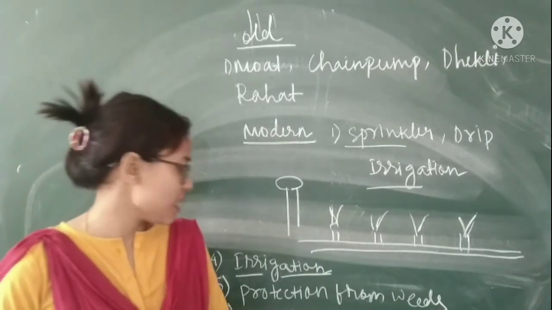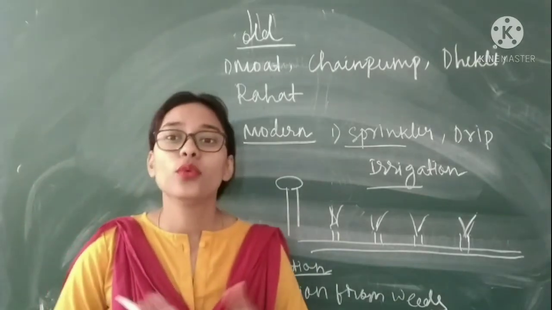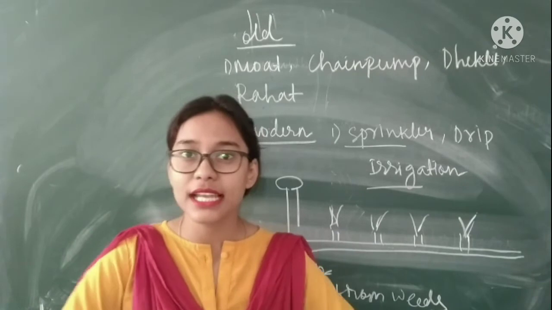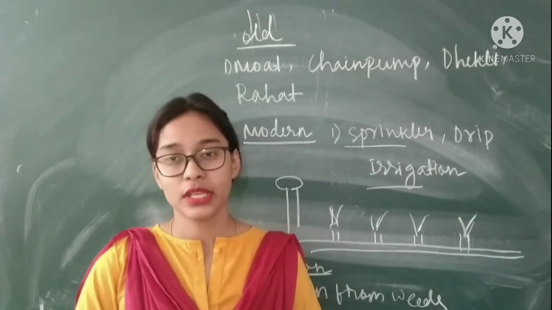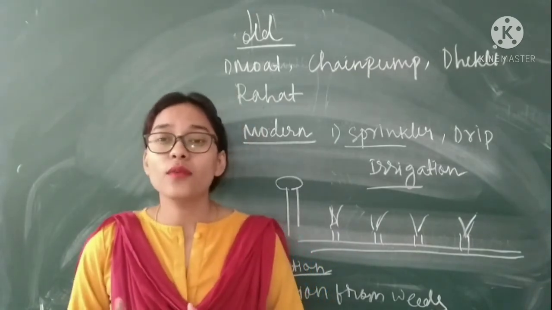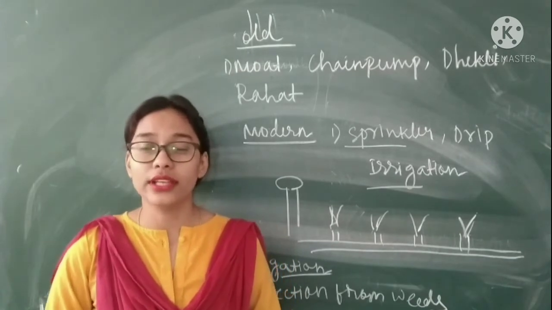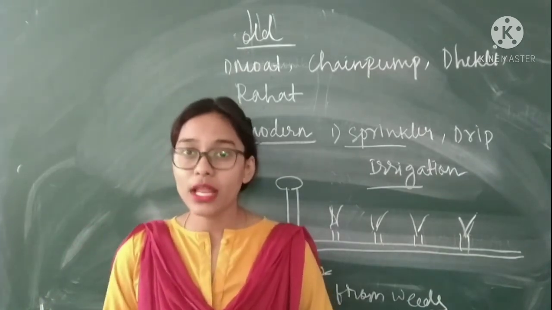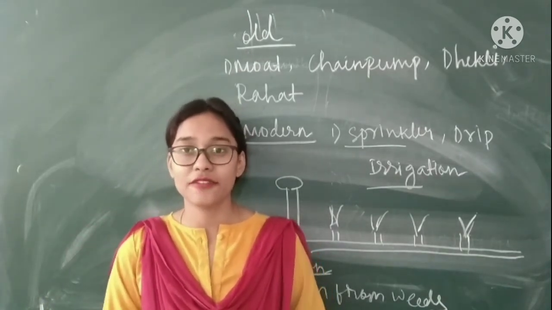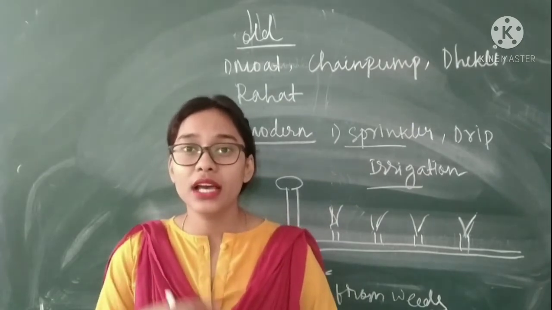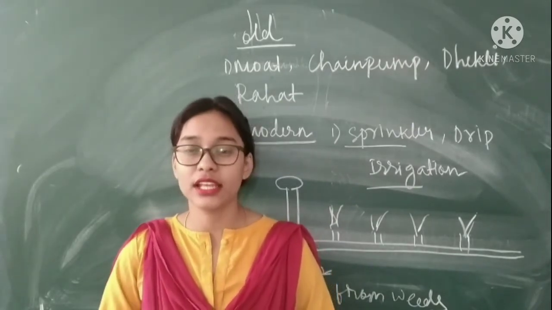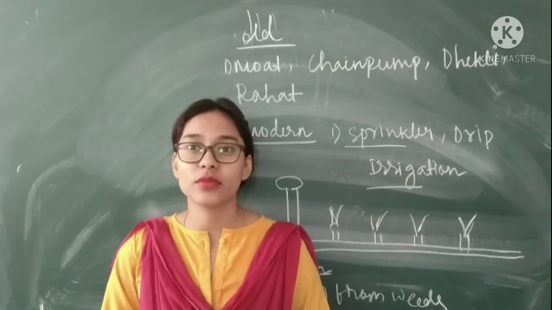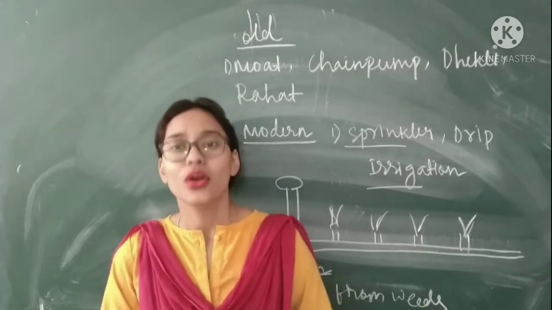Now we will discuss protection from weeds. So at first let us know what a weed is. Weeds are unwanted plants which grow in the crop field. So what will happen if there are unwanted plants in the field? They will take up the nutrients. Is it not? There will be a struggle for nutrients between the crop and the weeds.